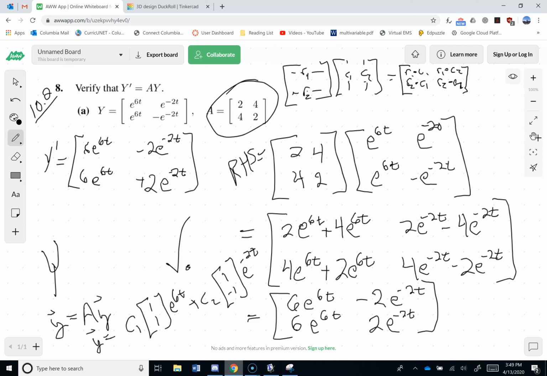And you might notice that the pieces that I have basically correspond. This stuff, 1, 1 by e to the 6t, is this first column here. And the second column is this other part.